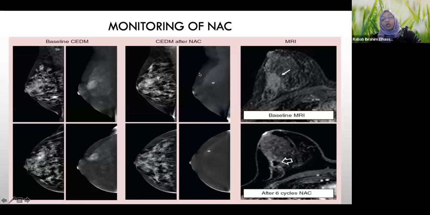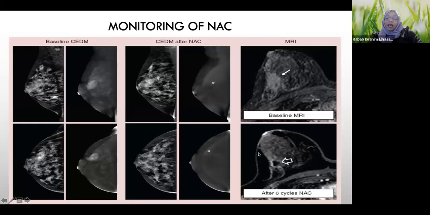Monitoring of neoadjuvant chemotherapy, as I said, is still an area of debate, still an area of research. But as you can see here in this example, in this baseline contrast enhanced mammogram, you can see the mass clearly, and this is post-treatment, and you can see that the mass has disappeared, which is consistent with full response or complete radiological response.